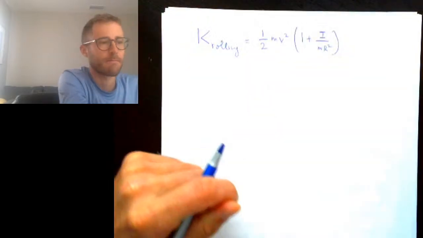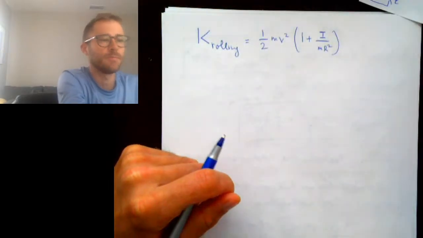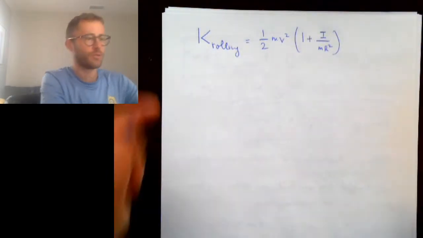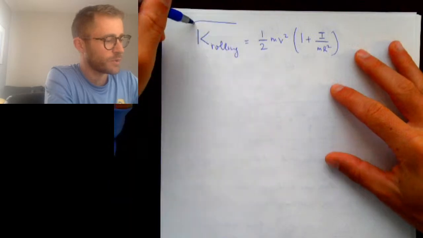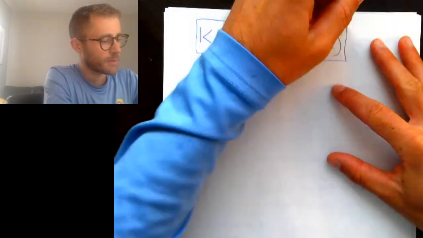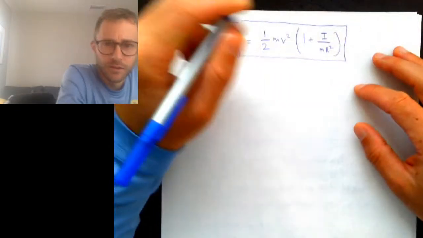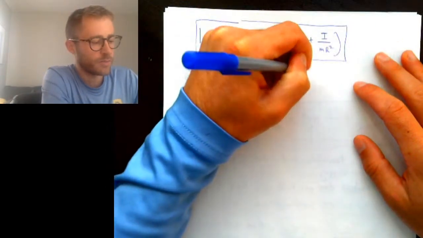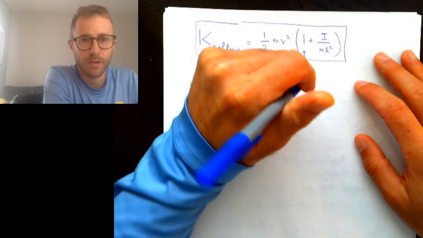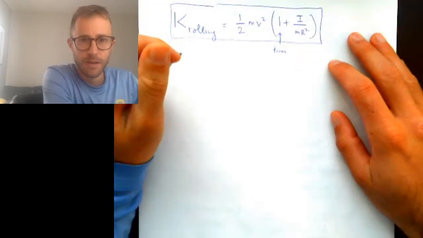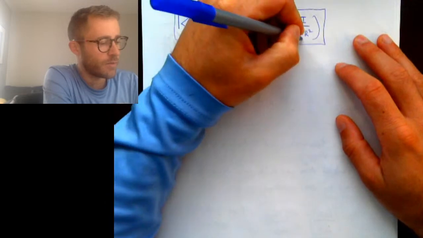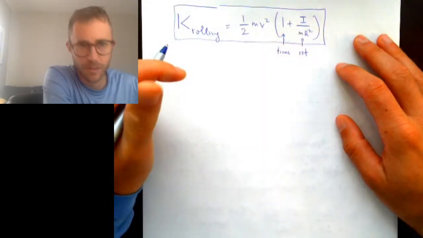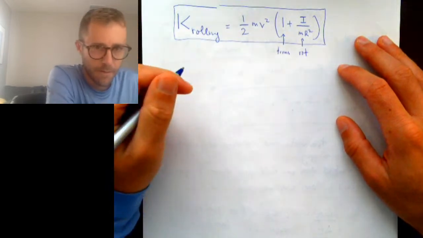And so this ends up being the most useful form for the rolling kinetic energy. Again, this 1 comes from the translational part of the kinetic energy, and this I over mr squared comes from the rotational part of the kinetic energy.